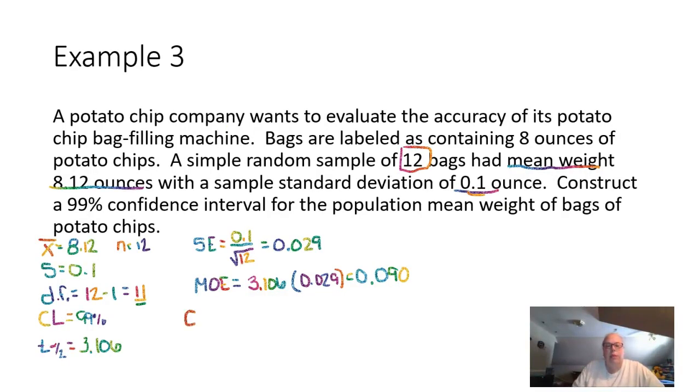Okay, so our confidence interval will be our mean, which we said was 8.12. And remember, we're going to add the margin of error. This is going to give us the upper end. And then we're going to take our mean, and we're going to subtract that margin of error.